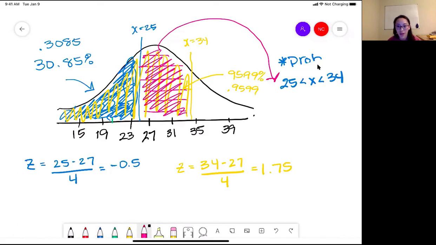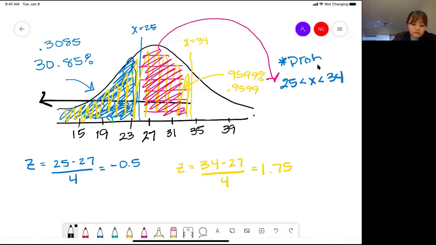Subtract. Subtract what? The suspense. The 0.9599 minus the 0.3085. You got it, right? So in order to calculate this center portion, that pink portion, we have to take the probability that we found from 34 across and then subtract the blue area, because we don't care about that part.